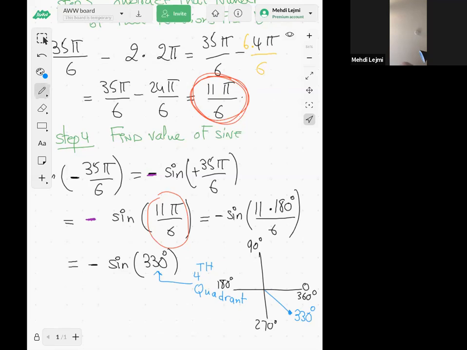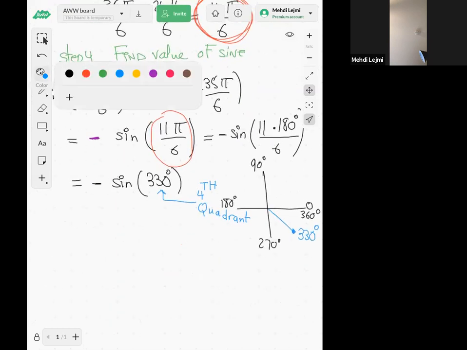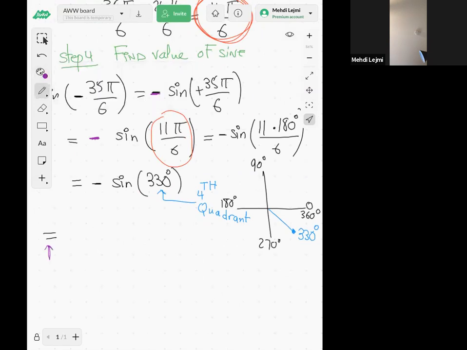The formula for the reference angle in the 4th quadrant is 2 pi, or 360, minus your angle theta.